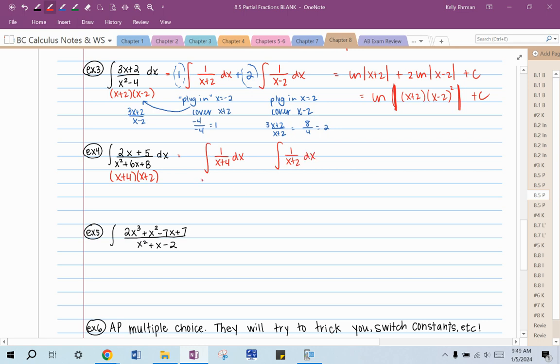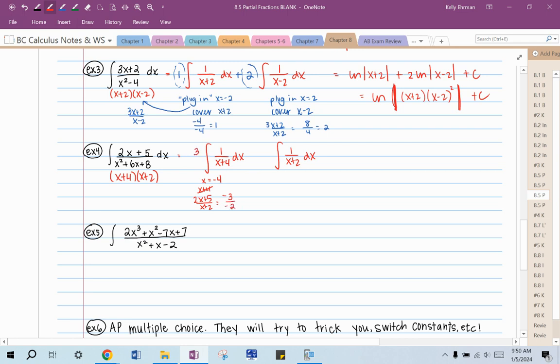So I'm plugging into this one, x equals -4. I'm covering x plus 4. Cover that, and you're plugging into 2x plus 5 over x plus 2. So plug -4 into that, you get -8 plus 5, which is -3. -4 plus 2 is -2.